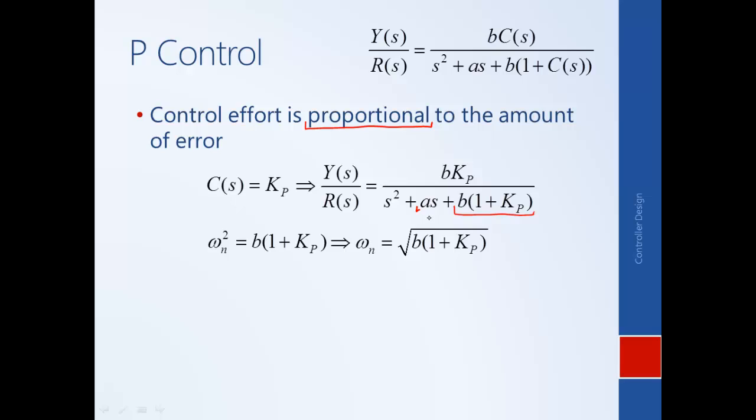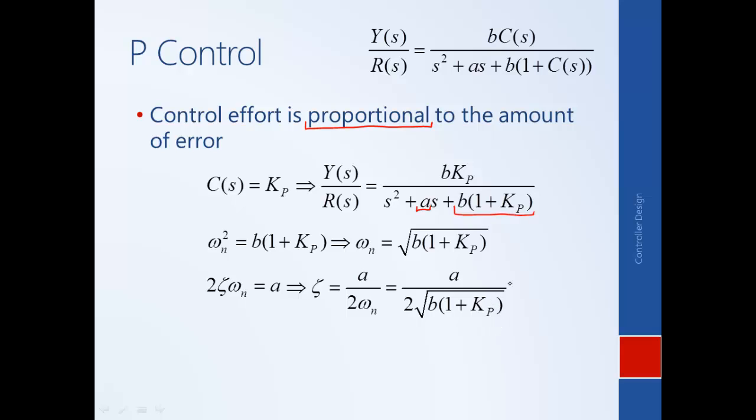Then looking at this coefficient, we have 2 zeta omega n is equal to a. If we solve for zeta, we can divide through by 2 and omega n, where we already have this expression for omega n. And we find that. A few things to notice: increasing kp makes omega n larger, so you can think of it as making the system stiffer.